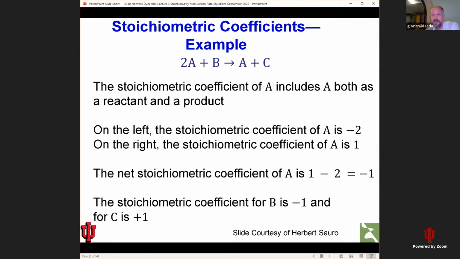It only shows up on one side. It's minus 1. And for C, it's plus 1.